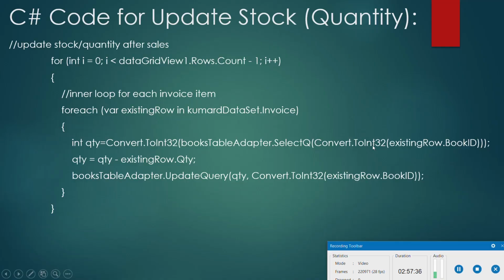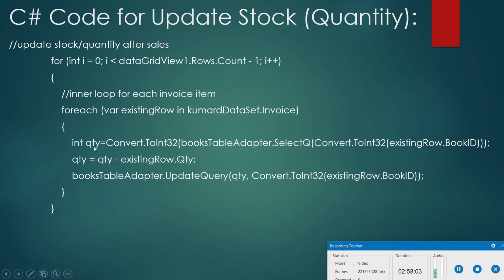Again, you have to pass on the parameter as book id. Now book id, remember, it's an int type key value, so you have to again convert that into integer. So convert dot int 32 or int 16 you have to use, and then existing row dot book id, that will be the parameter for the select query. So select query will give you a quantity in return when you supply the book ID to it.